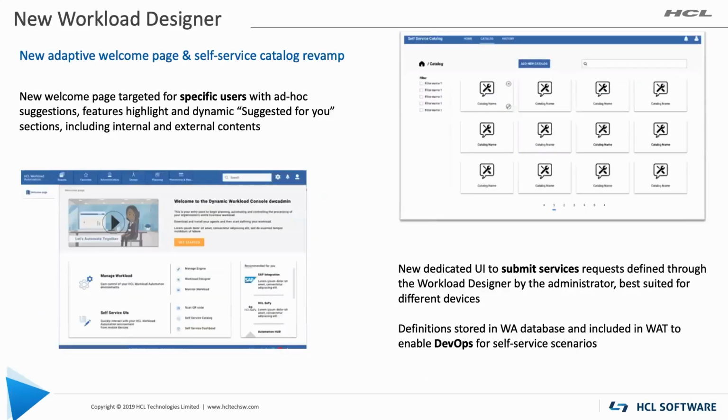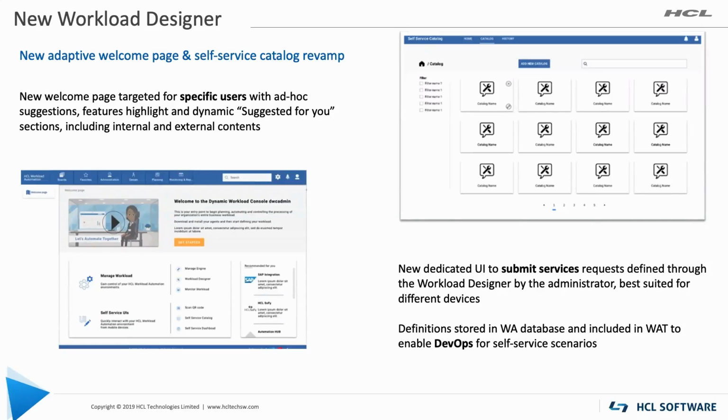Then something that is not currently planned for the GA date, but it may be part of the base contents, like extended contents for the release, or if not, we will deliver it with the first fix pack. First of all, a new adaptive welcome page: the possibility to customize your welcome page so that there is a different one for each user or role that is defined for your dynamic workload console.